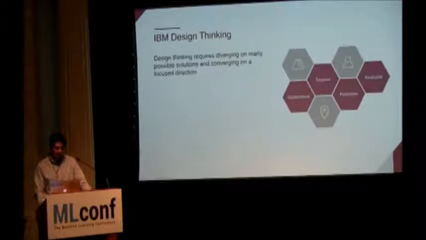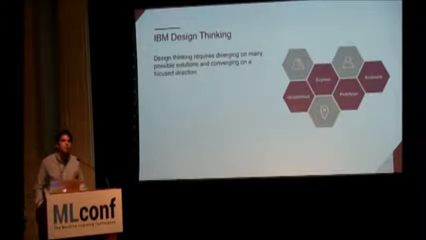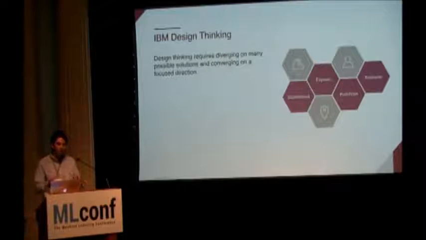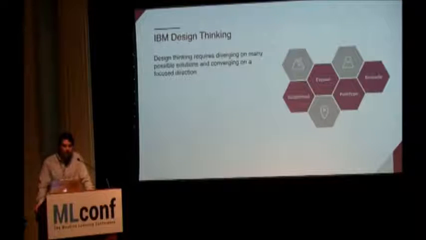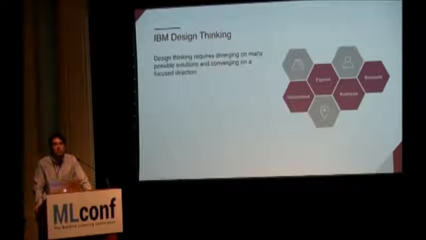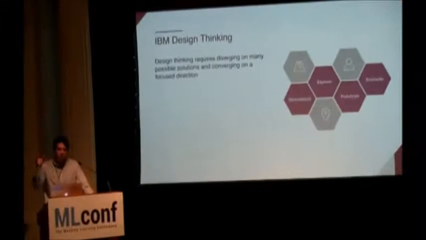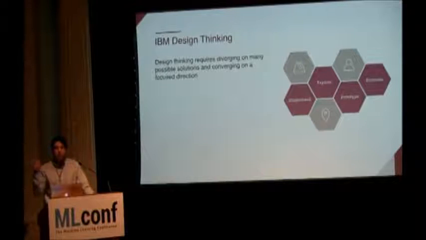So first, design thinking is about exploring a bunch of possible solutions and then converging to one. It has 4 different steps. In the first, we understand the problem and we identify clearly who is going to be our final user. Then we explore several solutions. We pick one, we prototype that one, and then we evaluate.